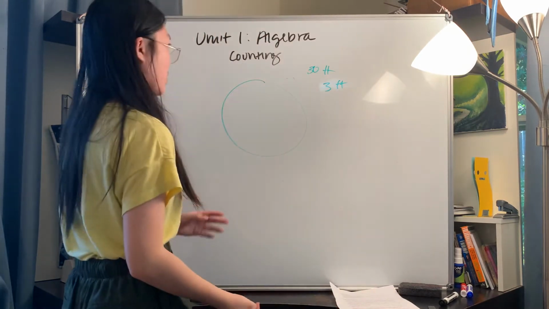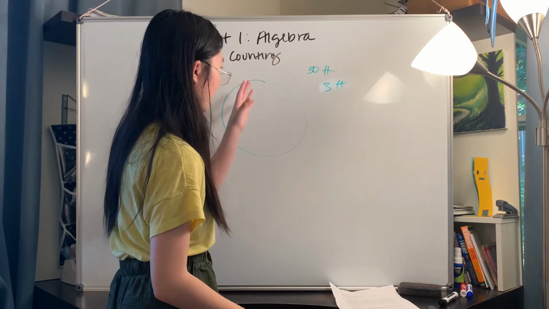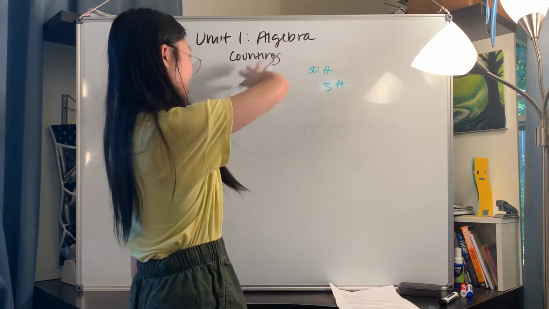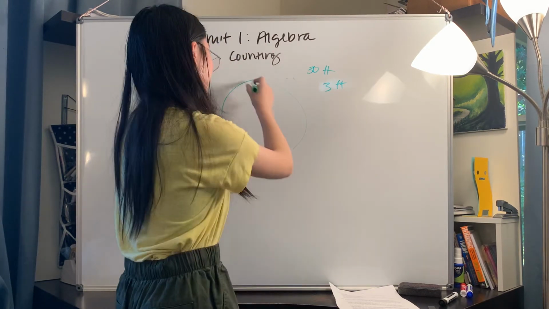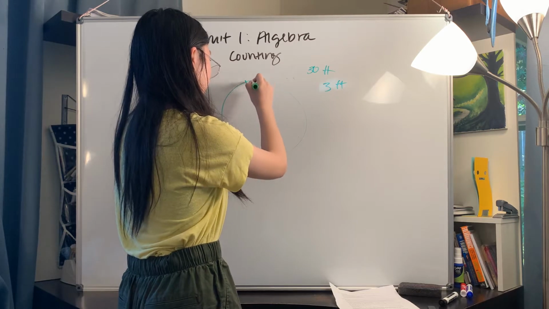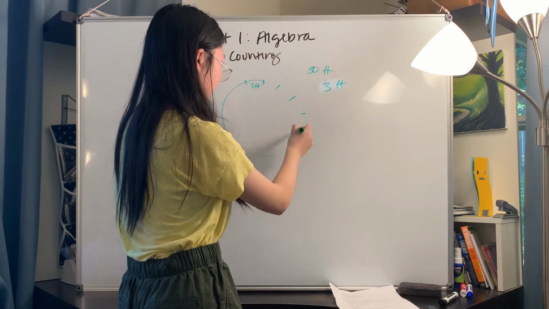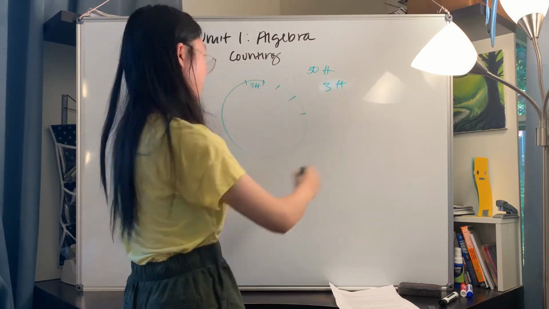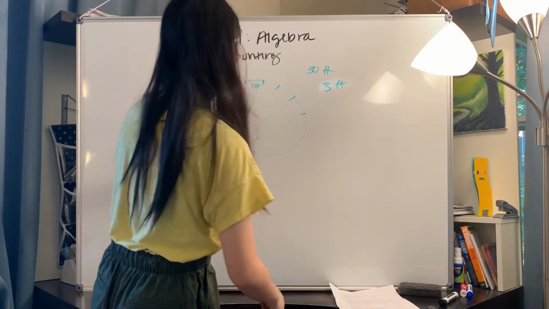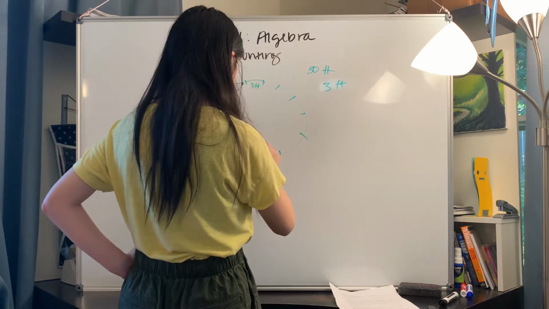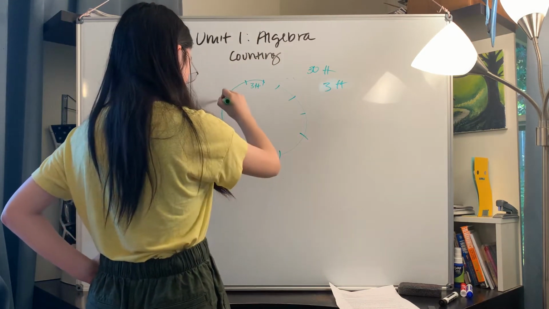Well, first of all, we want to divide this circumference into chunks of 3 feet. So from here to here, we have 3 feet. And from here to here, and from here to here, and from here to here. And then that goes all the way around the circle. I'm not sure if my proportions are correct, but that's 1, 2, 3, 4, 5, 6, 7, 8, 9, 10.